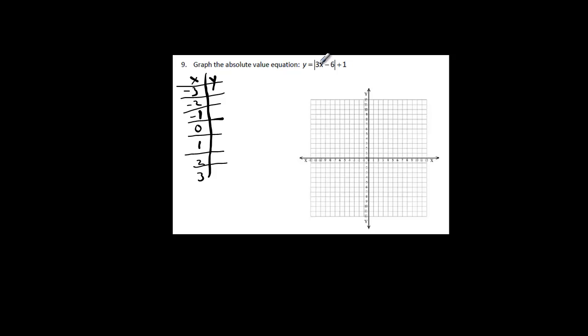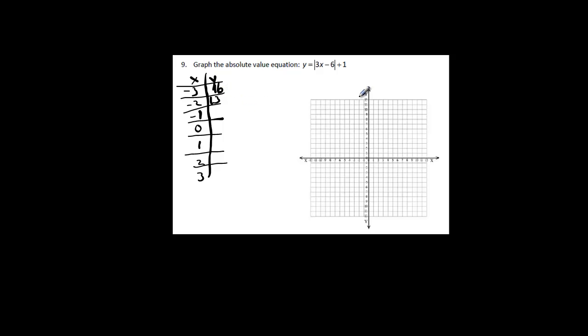So negative 3 times 3 is negative 9. Negative 9 minus 6 is negative 15. The absolute value of which is 15. 15 plus 1 is 16. Negative 2 times 3 is negative 6. Negative 6 minus 6 is negative 12. Absolute value is positive 12 plus 1. 13.